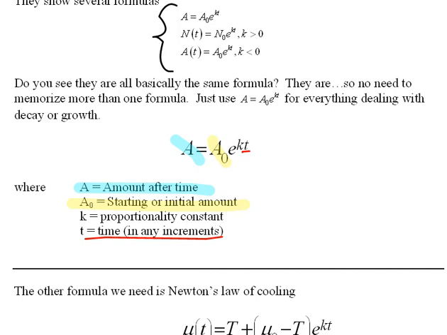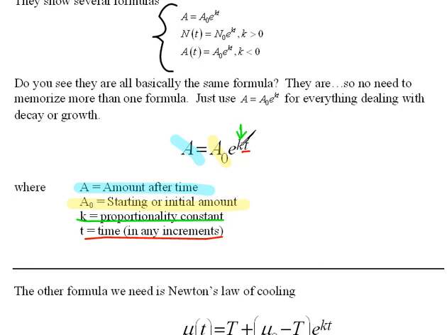Finally, here we have this k. K in this formula represents what's called the proportionality constant, and the proportionality constant is really the most important thing. You'll notice that in these different variations, they said k greater than 0 in this type of problem and k less than 0 in this type. They're all the exact same thing.